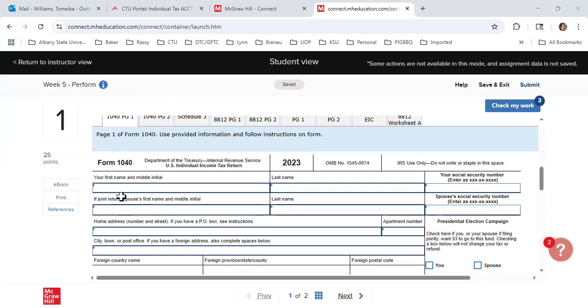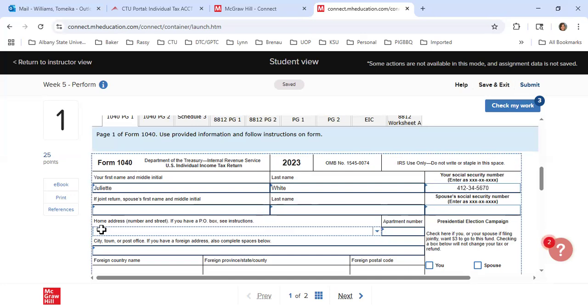All right, so first name is Juliet. Last name is White. The social we have is 412-345670.